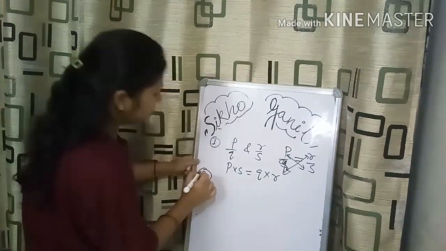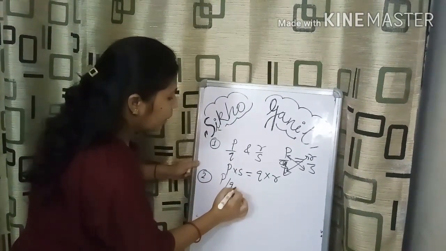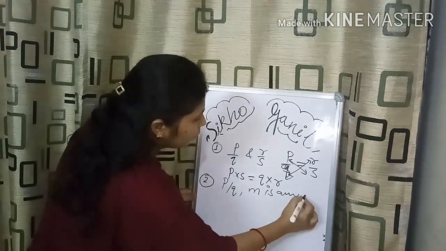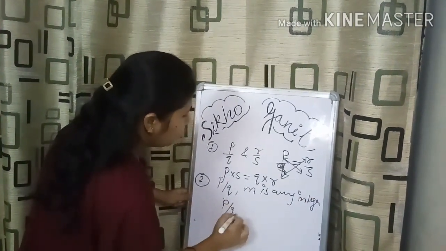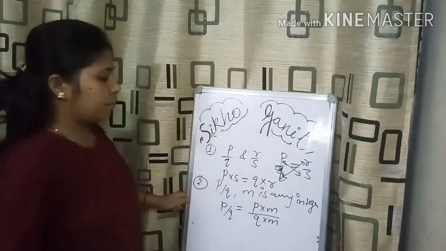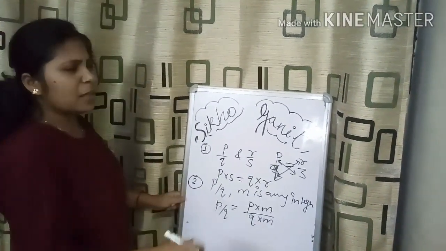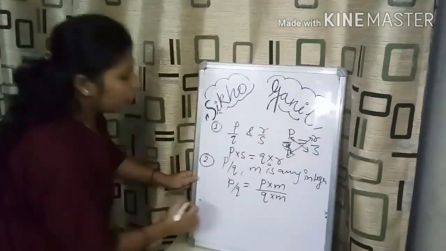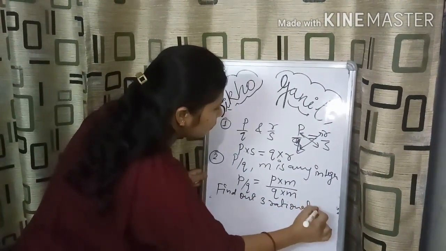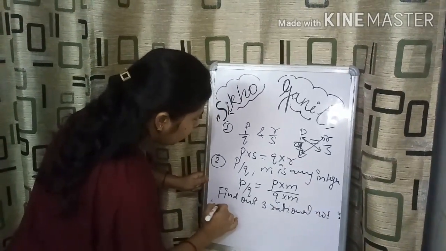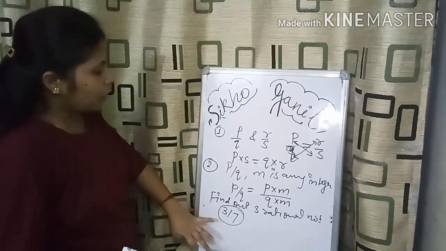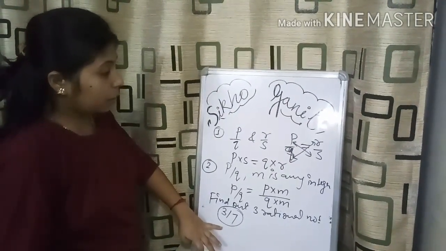The second property is if P upon Q is a rational number and M is any integer, then P upon Q is equal to P multiplied by M divided by Q multiplied by M. So based on this property, sometimes you will get some problems like find out 3 rational numbers equivalent to 3 upon 7.